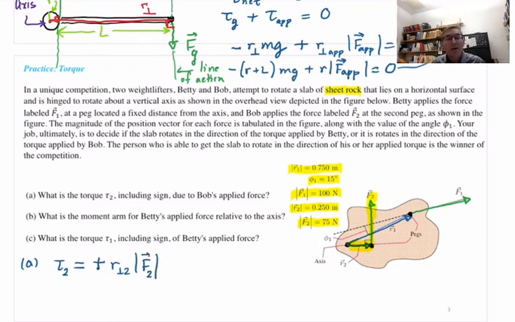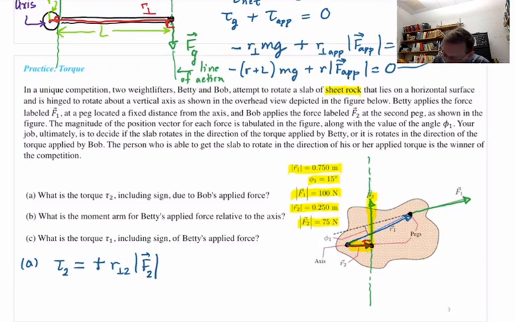So now we have to find the moment arm for R perp 2. So you draw the line of action for F2, extend that arrow, and then draw the perpendicular distance from the axis of rotation to that line of action. But that just turns out to be, in this case, the whole length of R2, right?